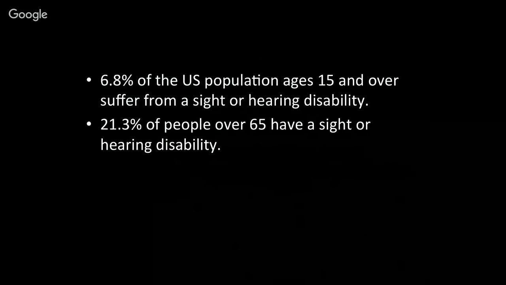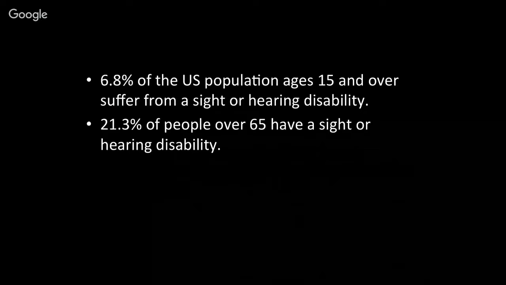Okay, so there's also kind of this myth when you're designing for accessibility that you're not actually impacting a lot of people. People think, oh, well, it's only people who are totally blind or people who have really, really severe disabilities that need this. And that's not really true, right? There are a lot more people who have disabilities than we tend to think about.